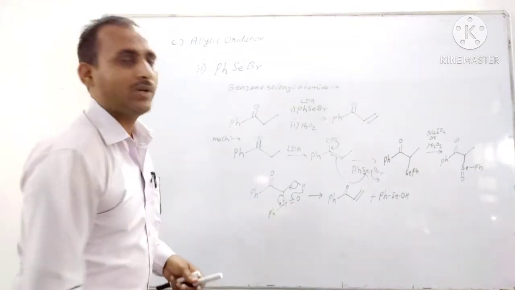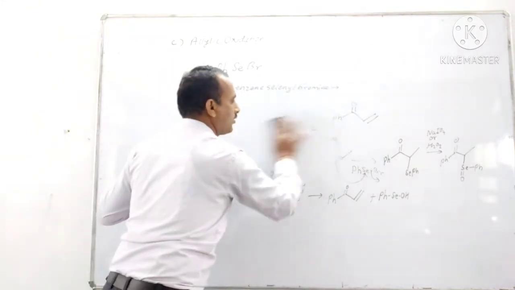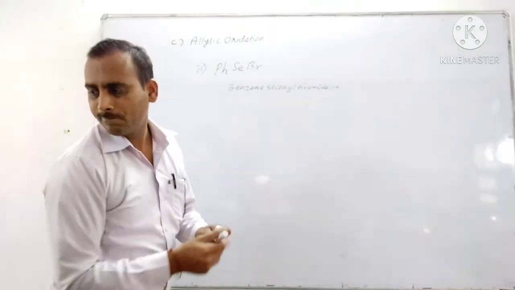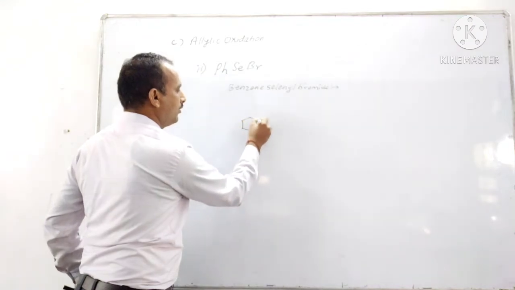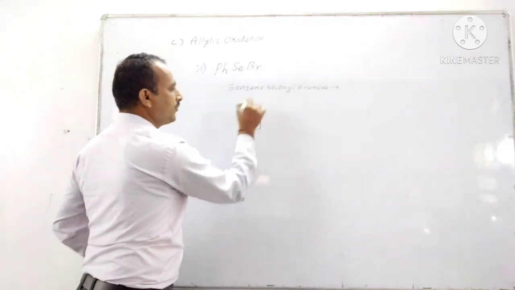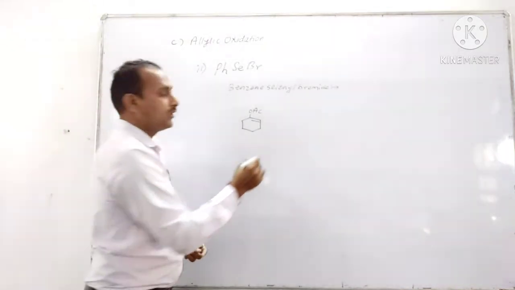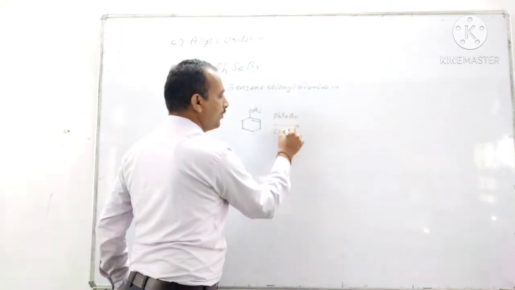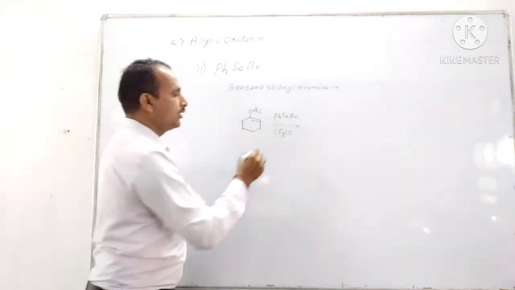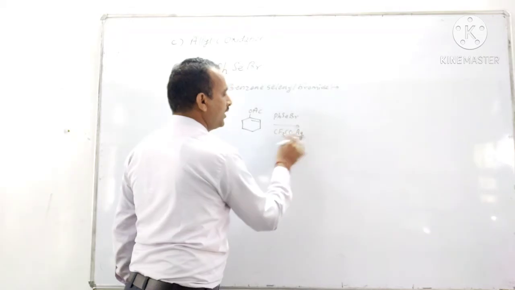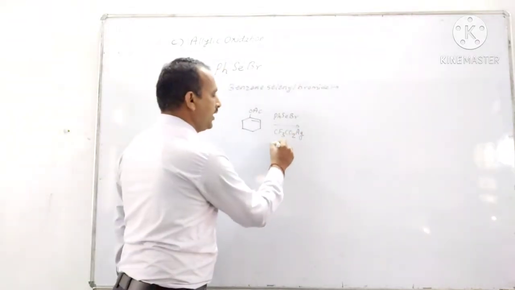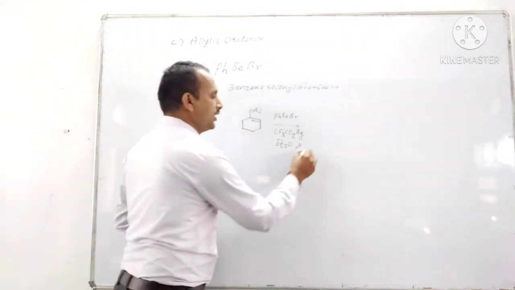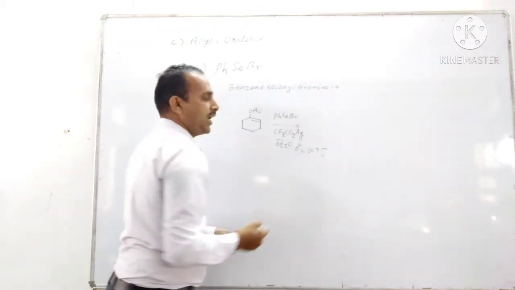Okay, let's see more examples of this type. OAc, acetate present on carbon-carbon double bond, PhSeBr, silver trifluoroacetate in presence of diethyl ether at 0 degree Celsius to room temperature, RT.